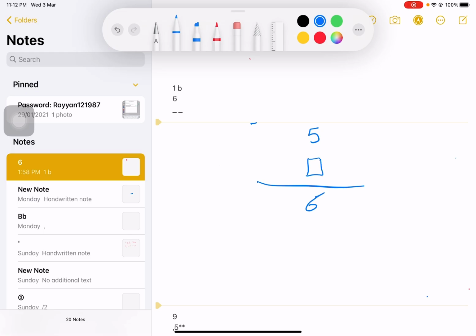Of course the 5 is smaller, so how much do you add to the 5 to become 6? 1. 5 plus 1, it's 6.